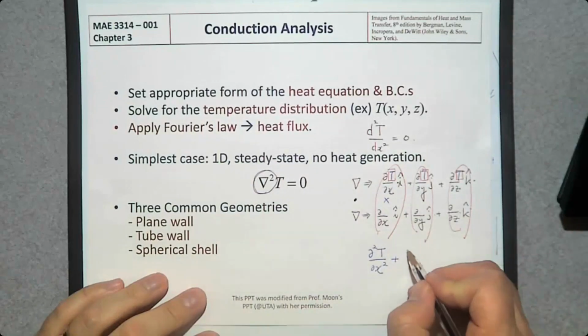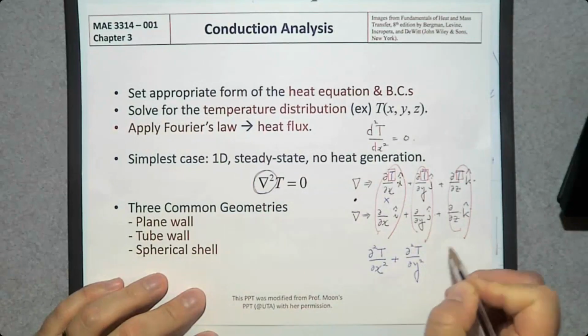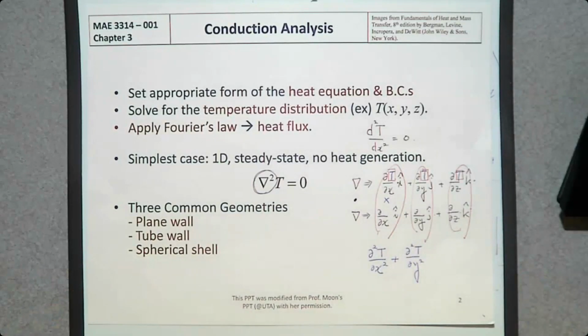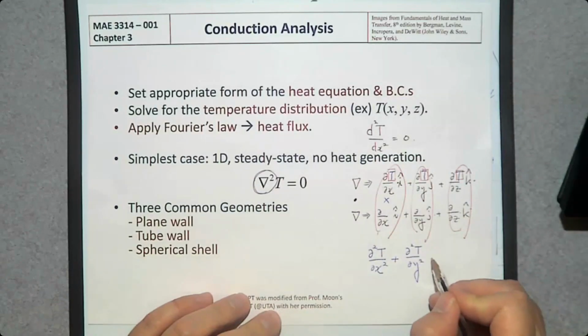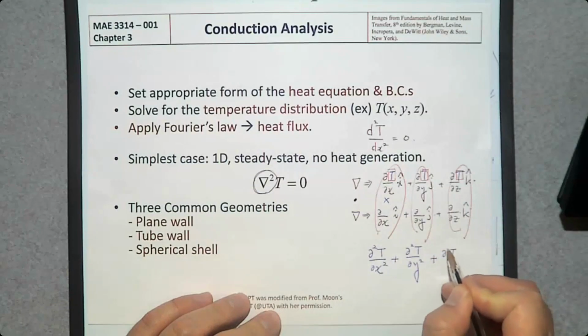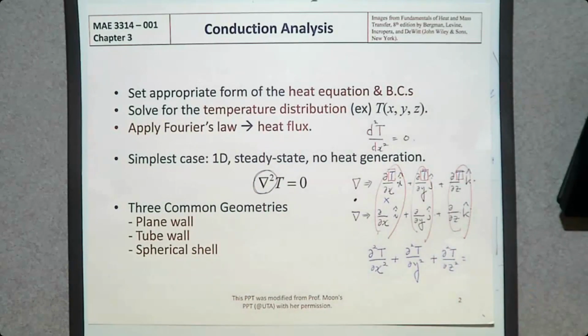What is that? Partial squared T over partial y squared times j squared. What is j squared? 1. The last one, partial squared T over partial z squared, is going to be what? Excuse me. Is going to be 0.